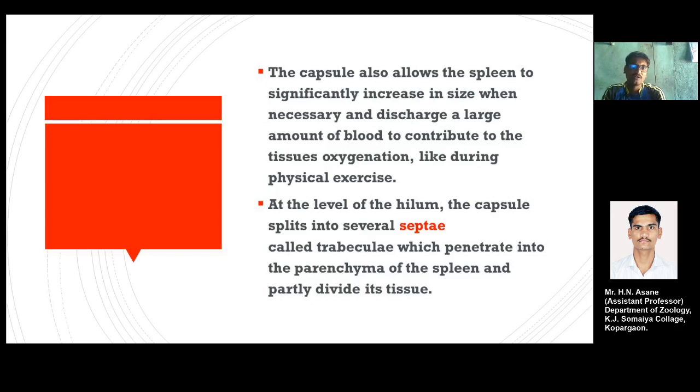At the level of the hilum, the capsule splits into several septa, called trabeculae, which penetrate into the parenchyma of the spleen and partly divide the tissue.